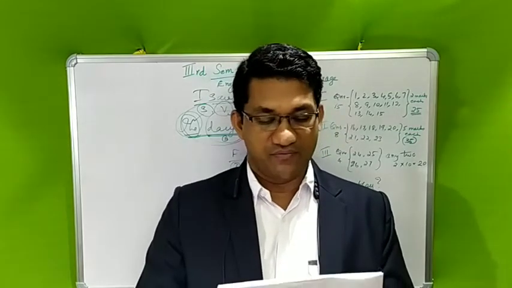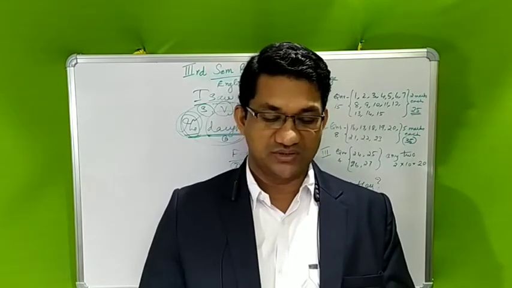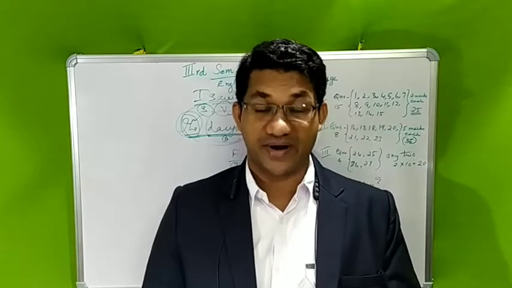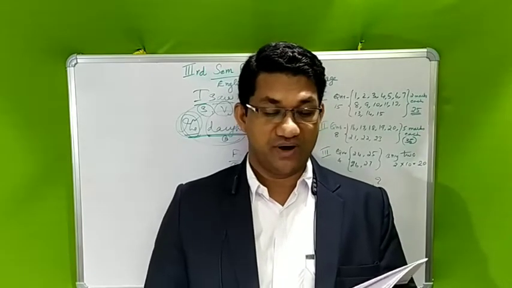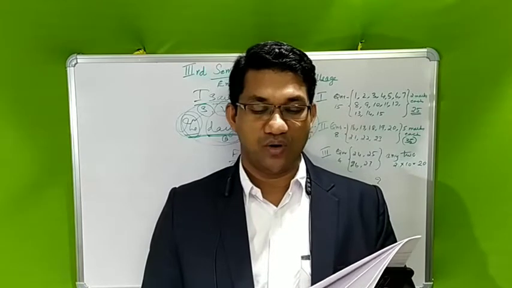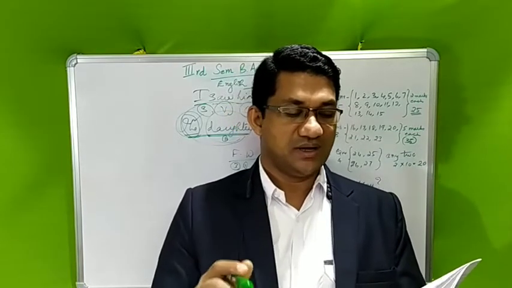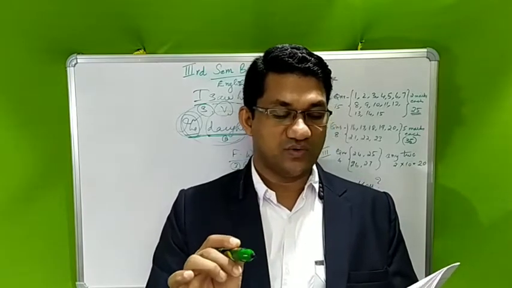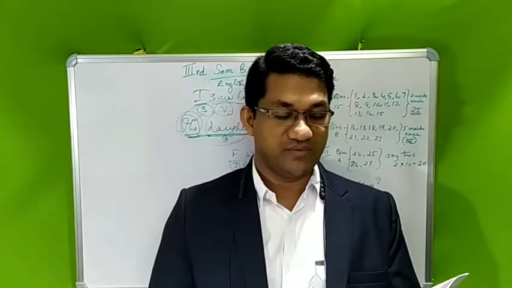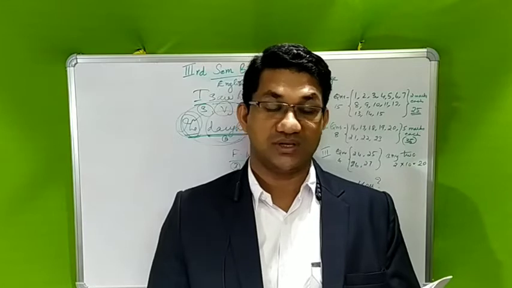The first one: we offer 25% discount on all products. The sentence pattern: we is the subject, offer is the verb. Offer what? 25% discount on all products is the object.